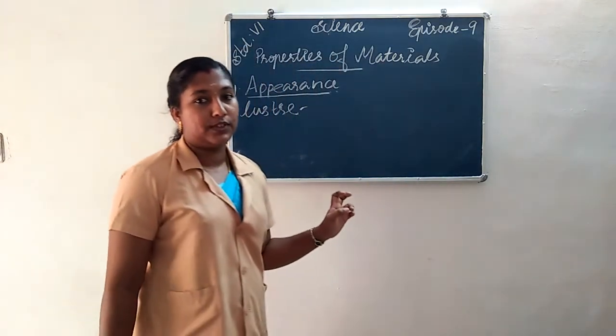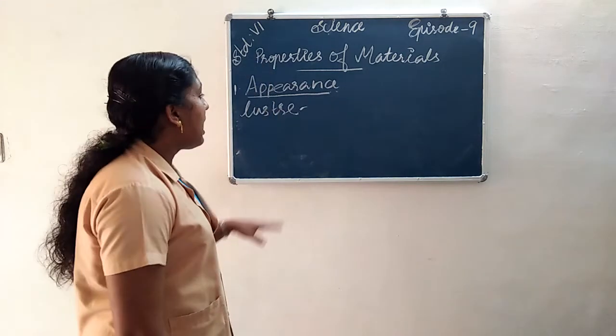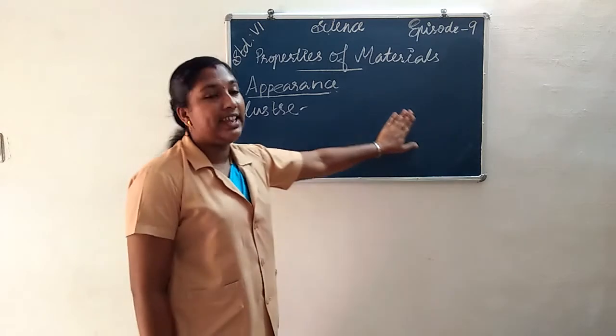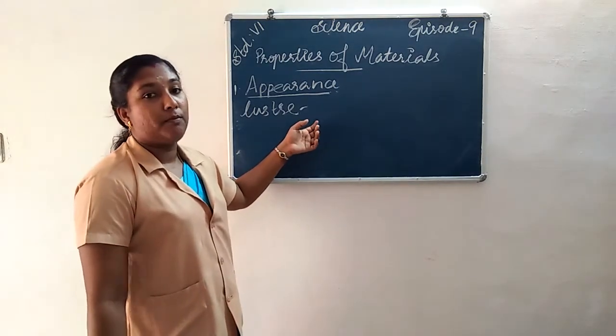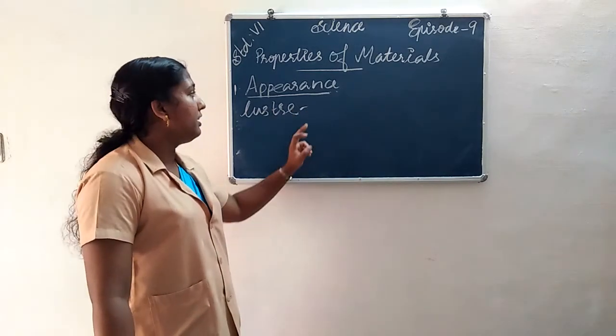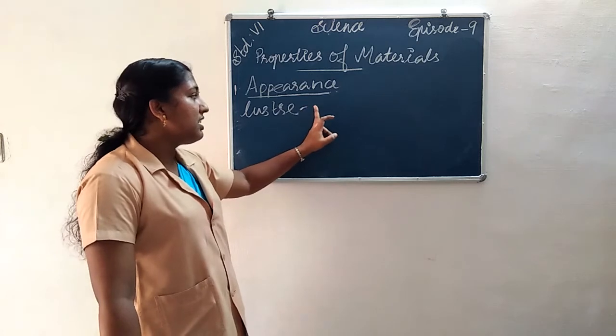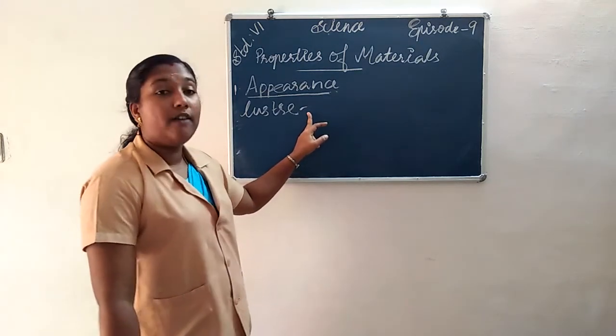The freshly cut surface of some materials appears shiny. This property of the material is called luster. All metals have luster.